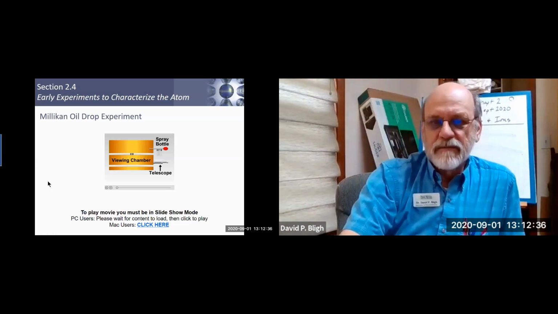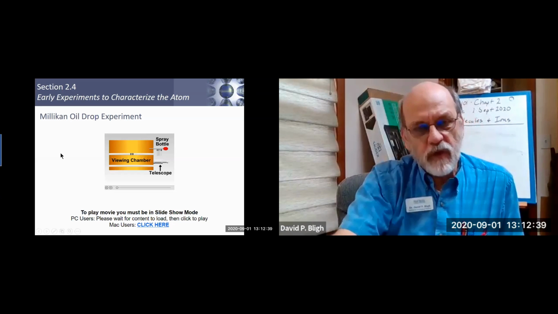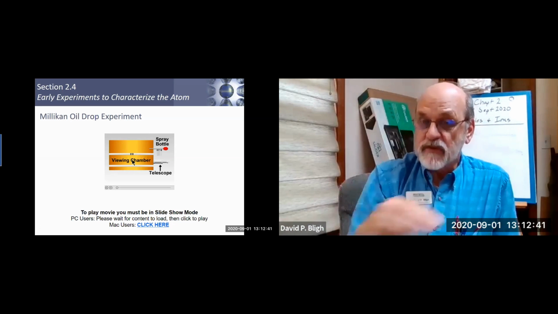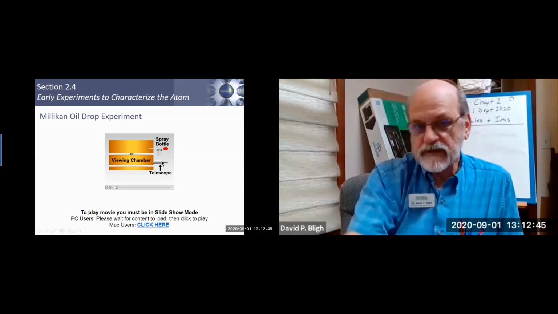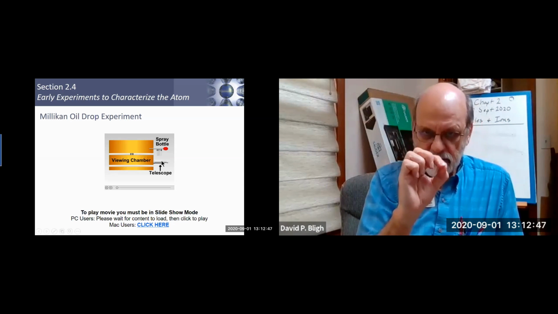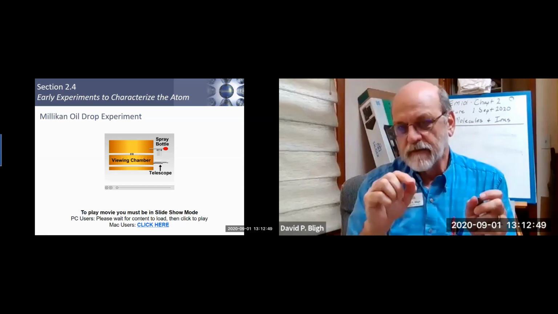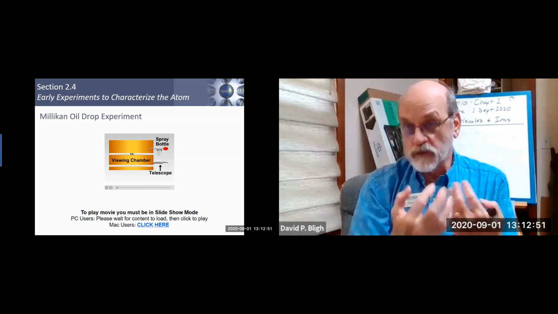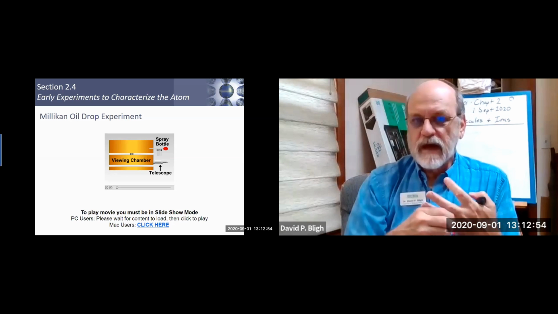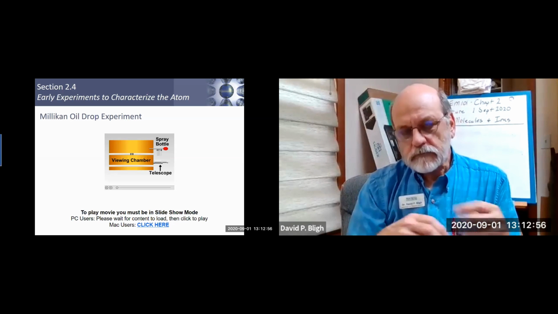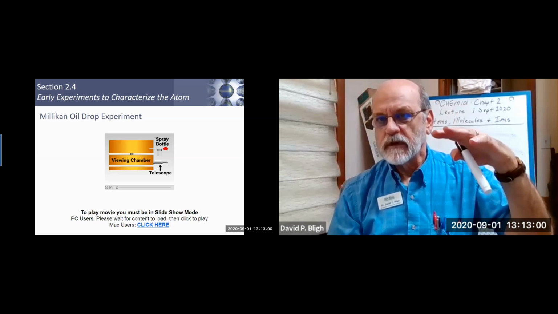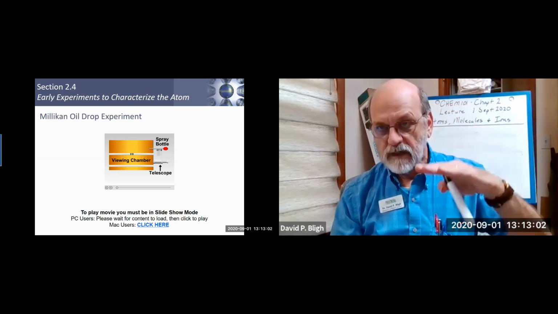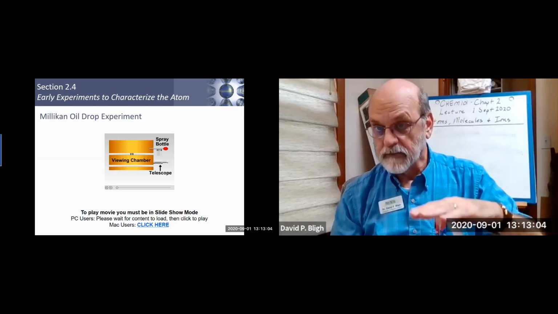The way I heard the story was you could suspend the drop, and he did it by looking at it through a telescope. So he could see the drop and made his adjustments so that the electric field, the strength was known. He also allowed droplets to fall in a field.